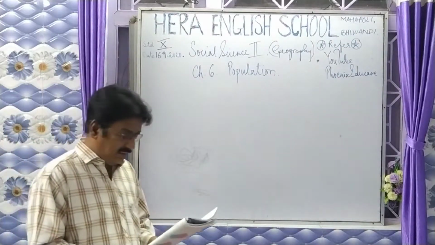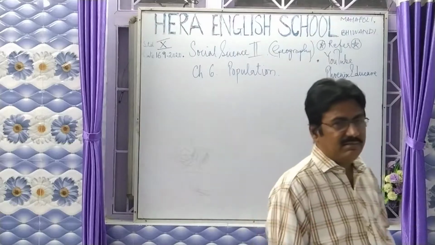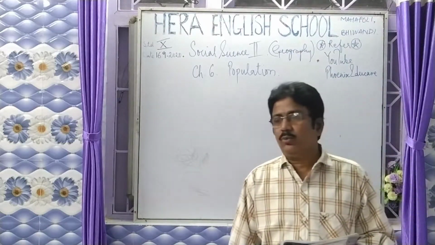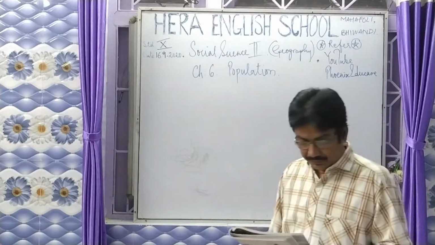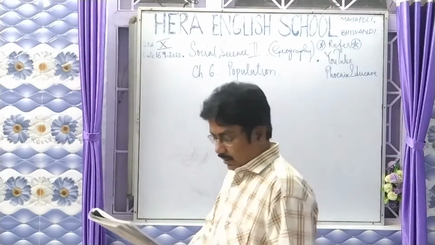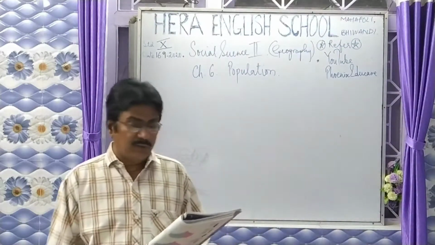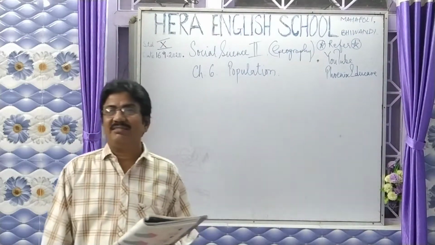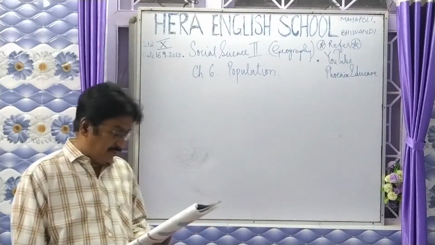Sex ratio of Brazil has always been more than 1000 since decades. Since decades means the previous 10, 20, 30 years. One decade is equal to 10 years. And the female ratio, on the other hand, in India, is always vice versa. The female ratio is less than the 1000 males.